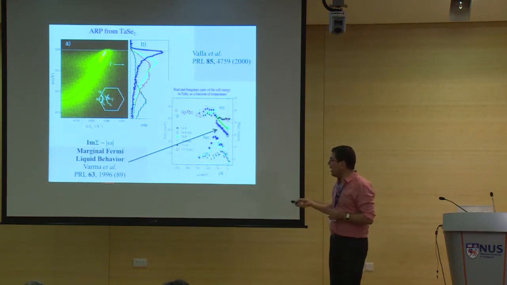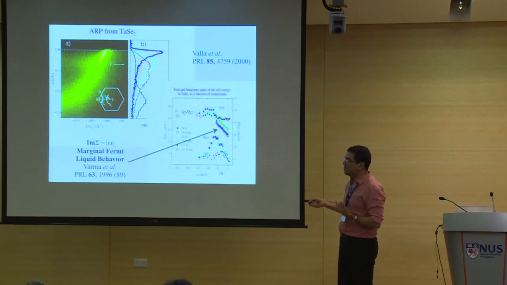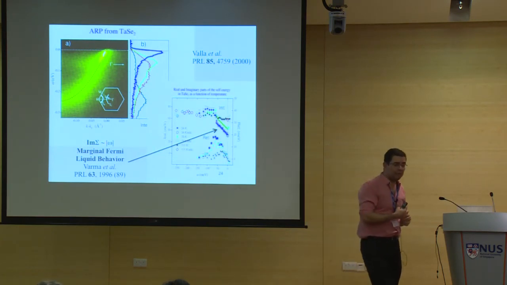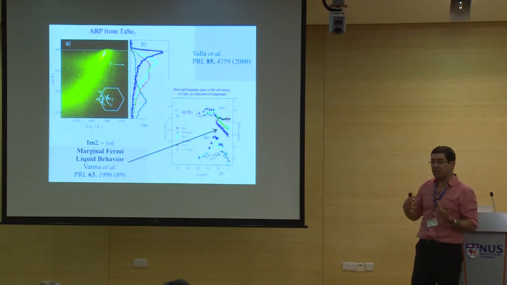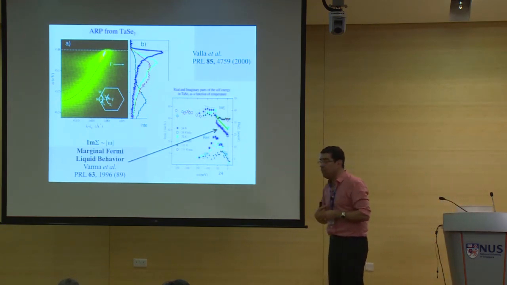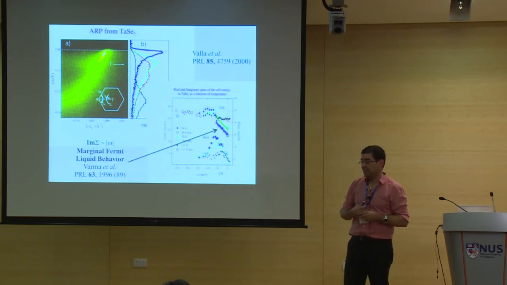Okay? And this connects with work that was done in cuprate superconductors, actually. At the time, there is this phenomenological theory called marginal Fermi liquid theory, okay? That essentially is based on this linear behavior of the line width. Okay?